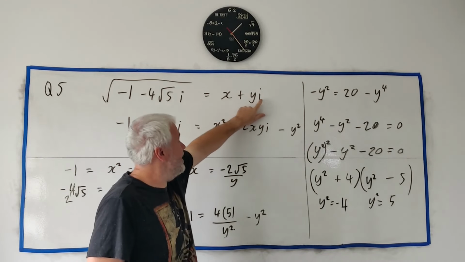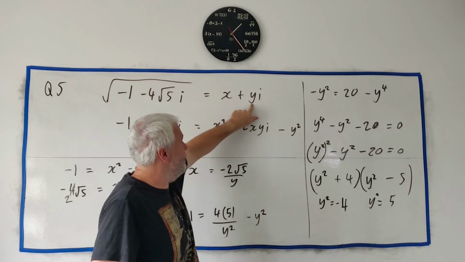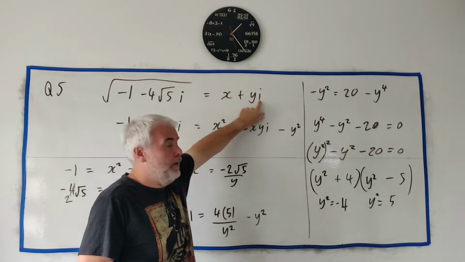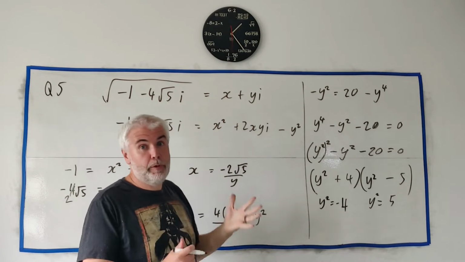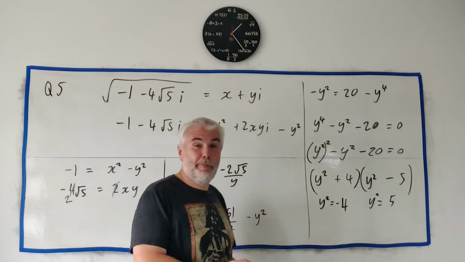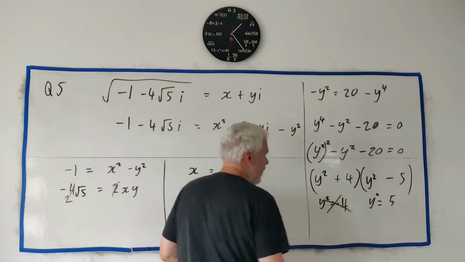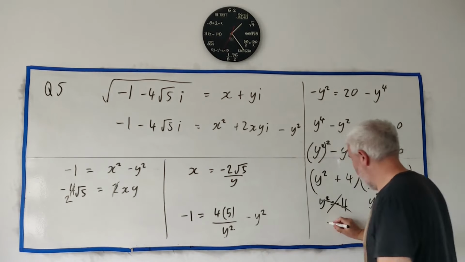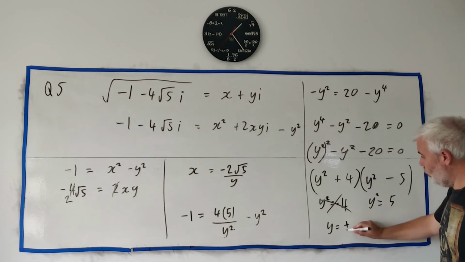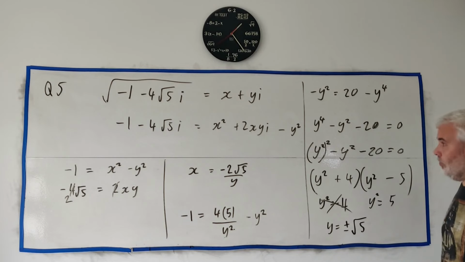We already had the imaginary part here. This is a real number and a real number multiplied by i. So we know x and y have to be real. That means y squared cannot be a minus. So that one has to be thrown out. Our 2 answers here are y is equal to plus or minus the square root of 5.